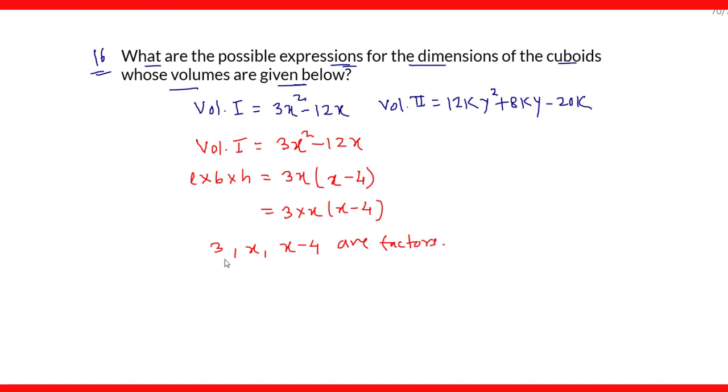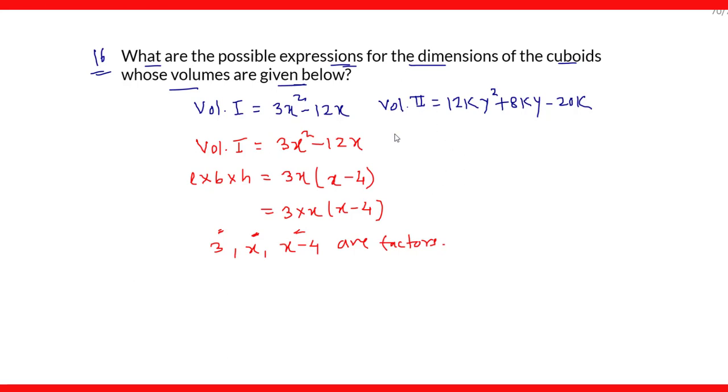And therefore the dimensions should be 3x and x minus 4. This may be the length, breadth or the height, and therefore 3x and x minus 4 are the possible dimensions of the given expression.